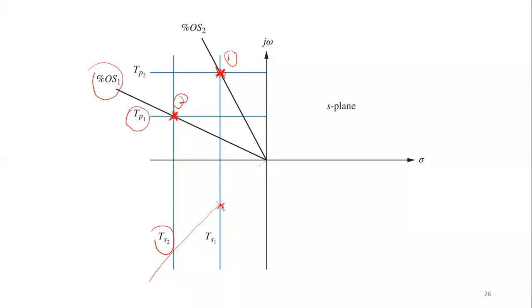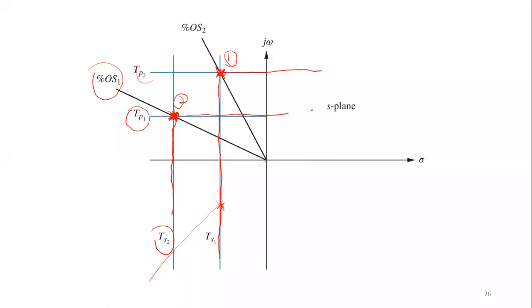If you see here, the pole for system 1 is located here. From here you can get your TS, and also if you map it to the imaginary axis, you can predict the settling time for system number 2 and also the peak time for system number 2.